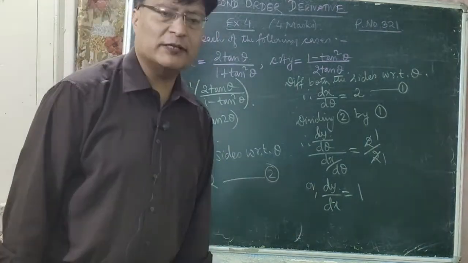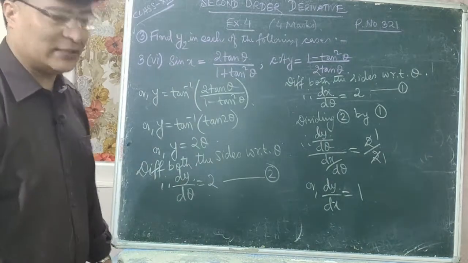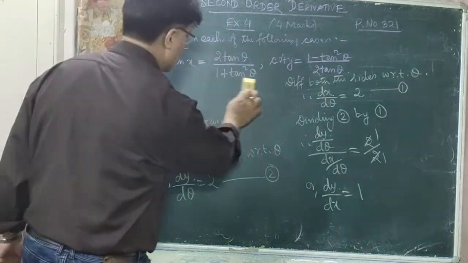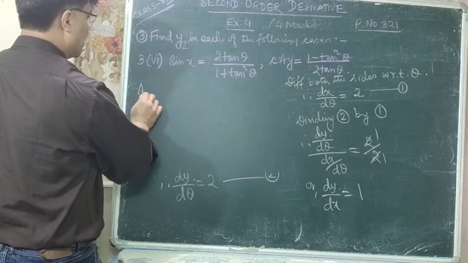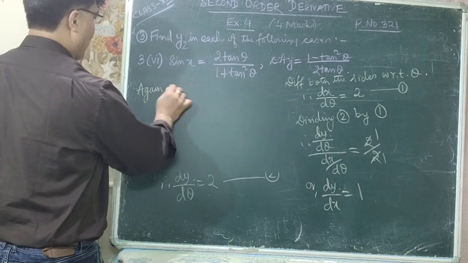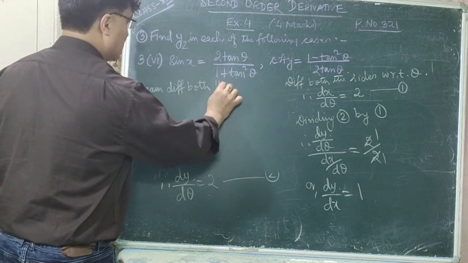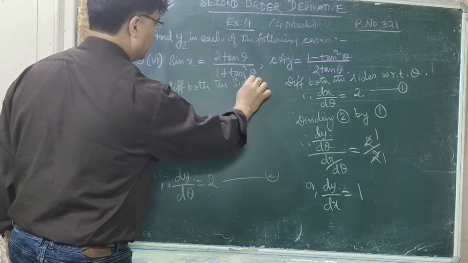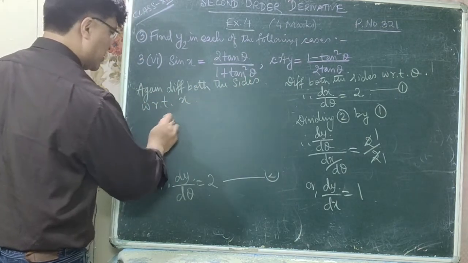Now again you have to differentiate it both the sides with respect to x to get the value for d2y by dx square. Okay, so now write down again differentiating both the sides with respect to x.